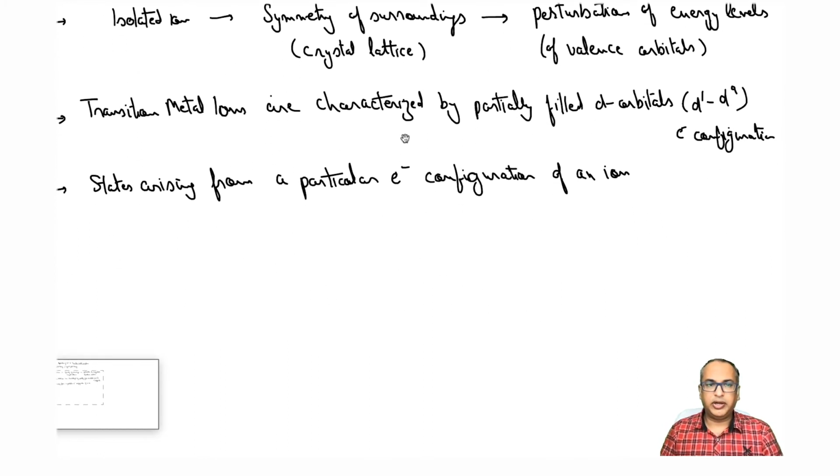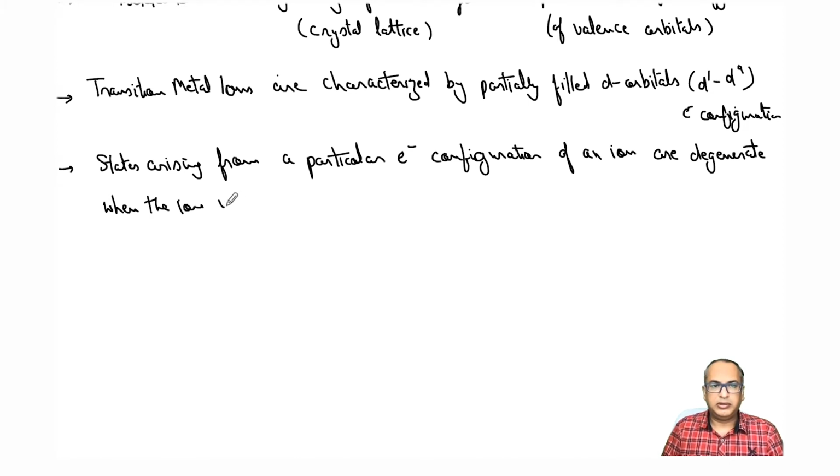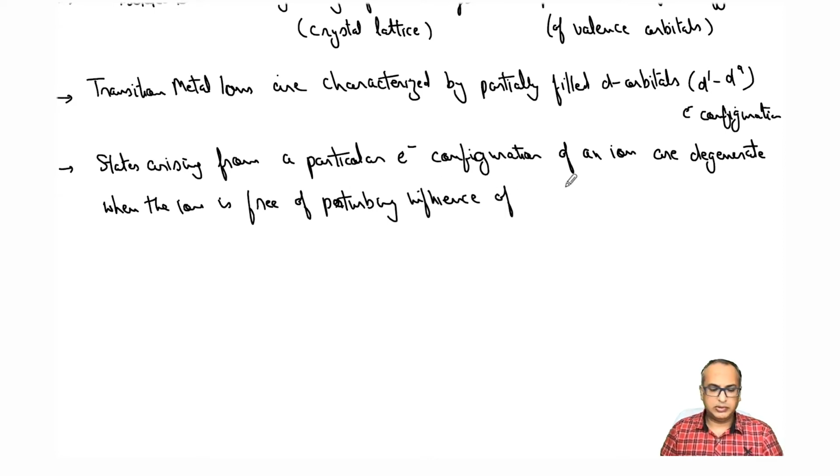Any electronic configuration would have a particular state which is defined by the term symbol, and these states are degenerate when the ion is free of the perturbing influence of ligands. So when there is no perturbing influence of ligands, the d orbitals or the states arising from a particular electronic configuration would be degenerate.